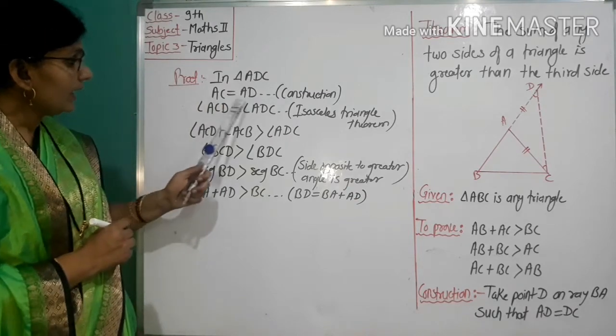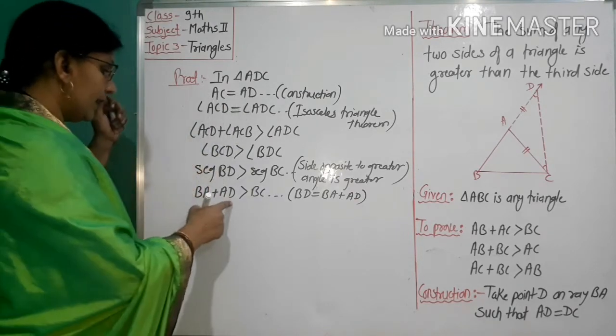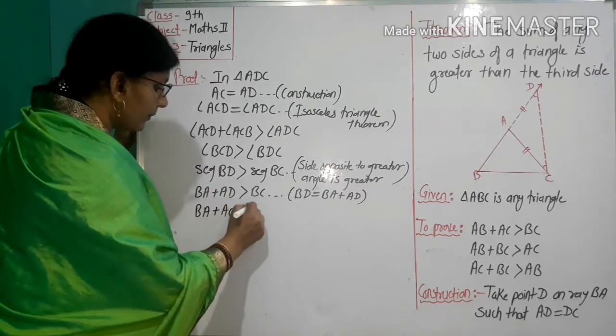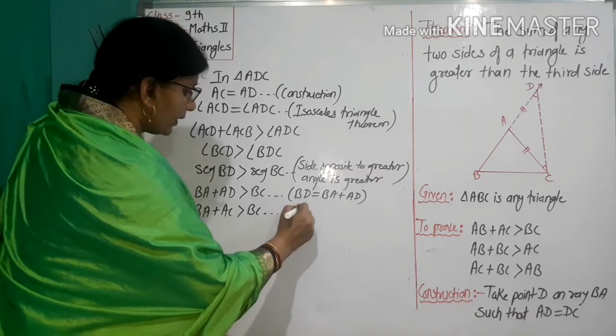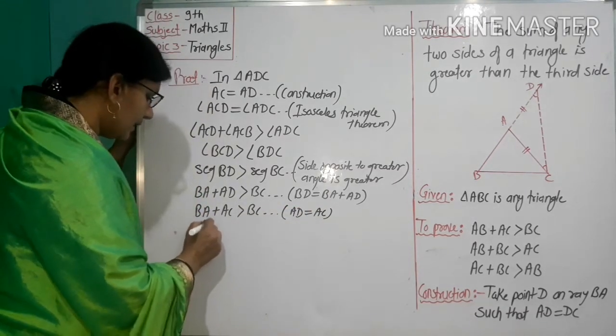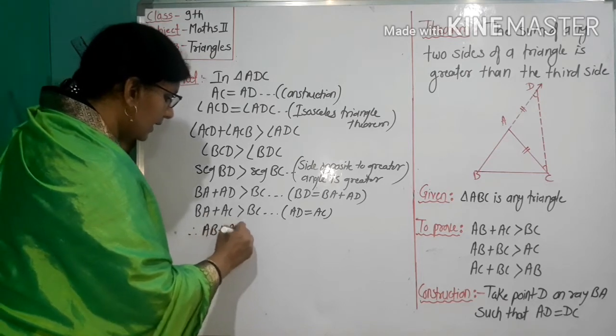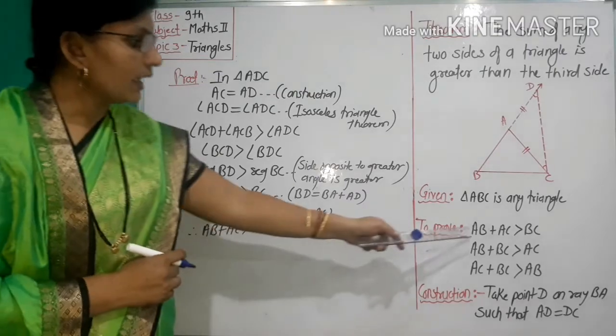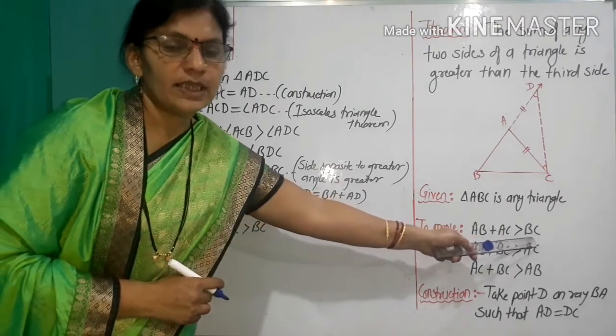But this AD equals AC. So in the place of AD, put AC. Here AD equals AC. Therefore, BA, that is AB, plus AC is greater than BC. Here we prove that AB plus AC is greater than BC.